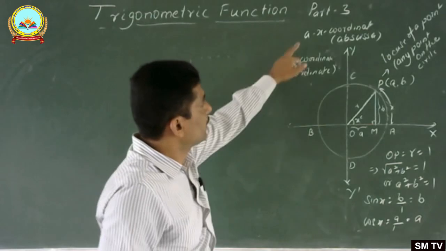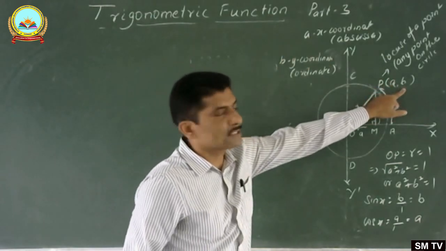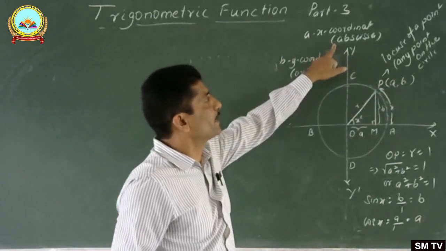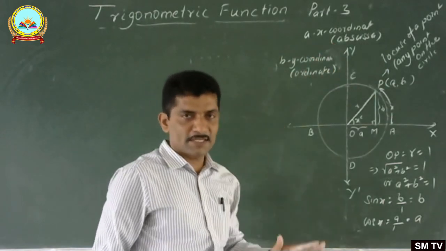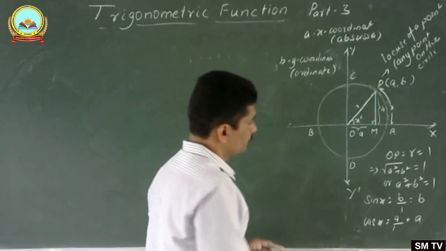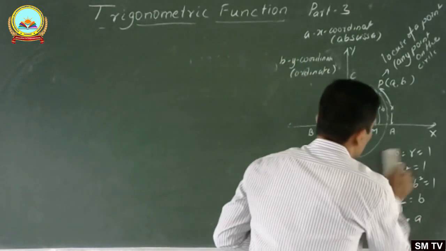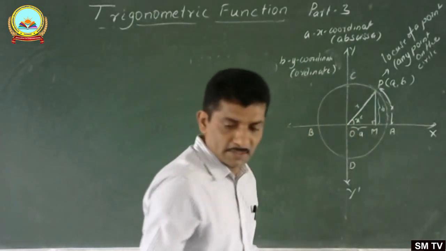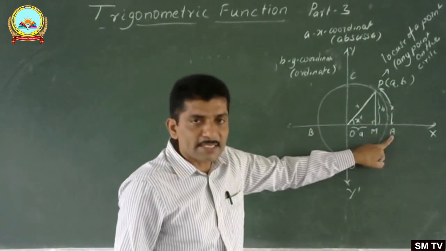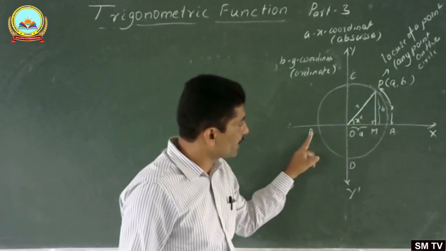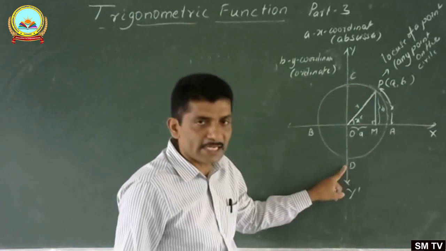Here you know that a means the x coordinate and b means the y coordinate, or you can say that a is the abscissa and b is called the ordinate. Is it clear? The next one: here this unit circle intersects the coordinate axes at the points A and B on the x-axis, and C and D on the y-axis.